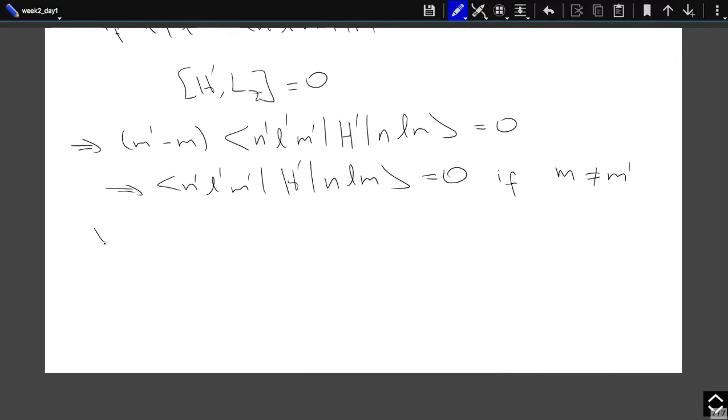So let's look at it in general. Let's assume n and m are degenerate states.